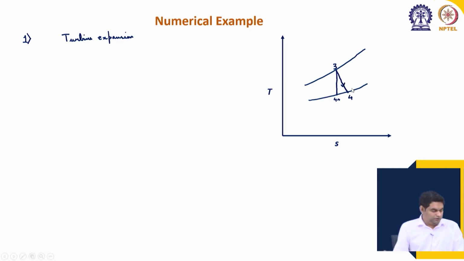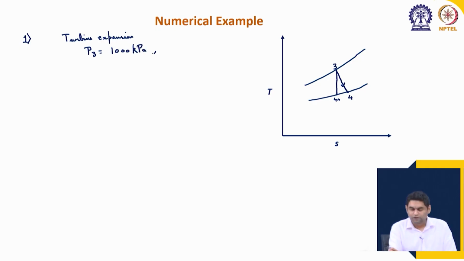The conditions which are given are, at the inlet of the turbine, the pressure is 1000 kPa, all are realistic values. At the exit, the pressure is 100 kPa.